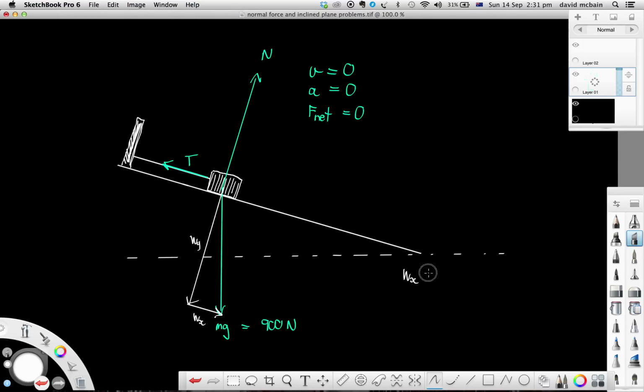WX was 900 times the sine of 15 degrees, which is 232.9. And WY was 900 times the cos of 15 degrees.